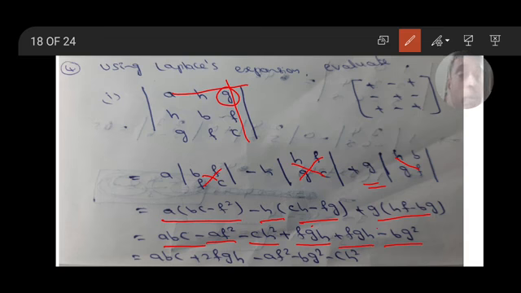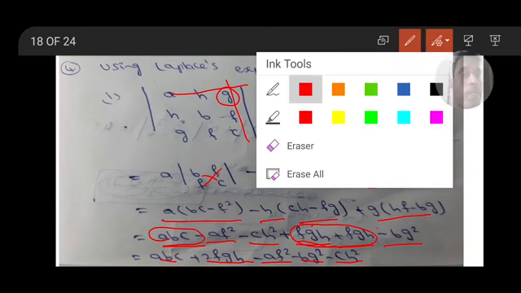So ABC first term, next FGH plus FGH is 2FGH. Next, minus AF squared, minus BG squared, minus CH squared as it is. ABC plus 2FGH minus AF squared minus BG squared minus CH squared is the answer.